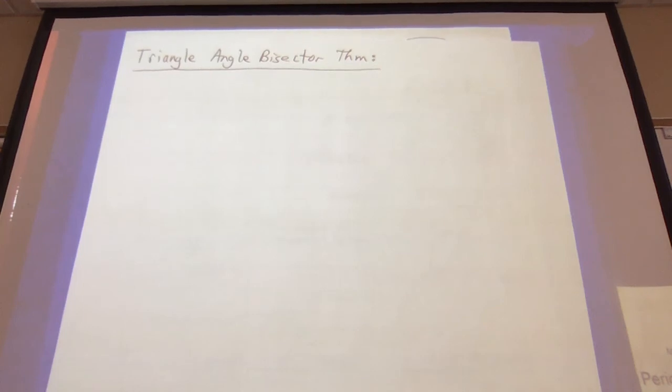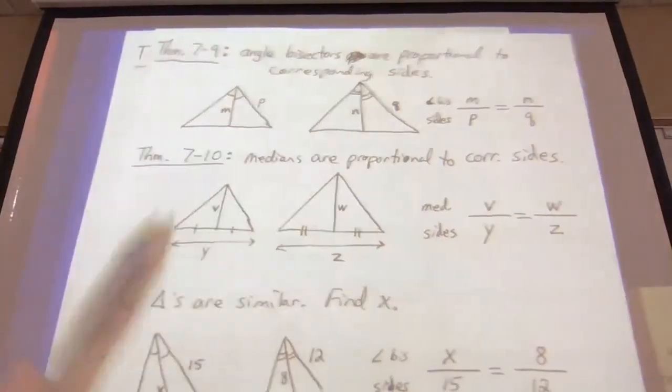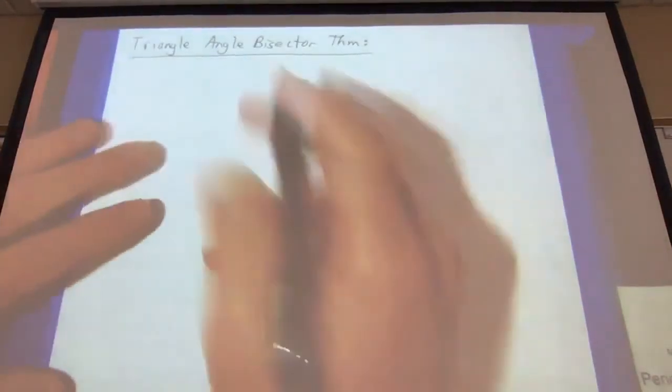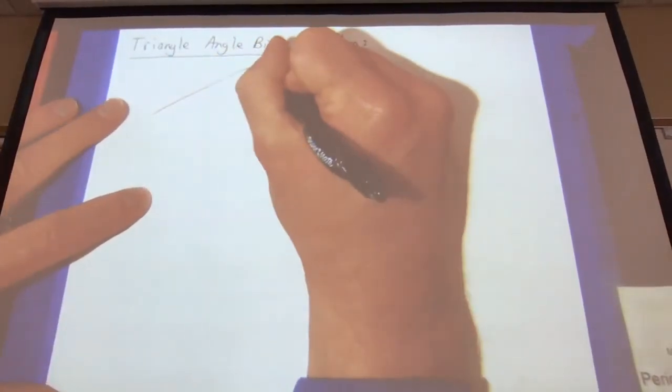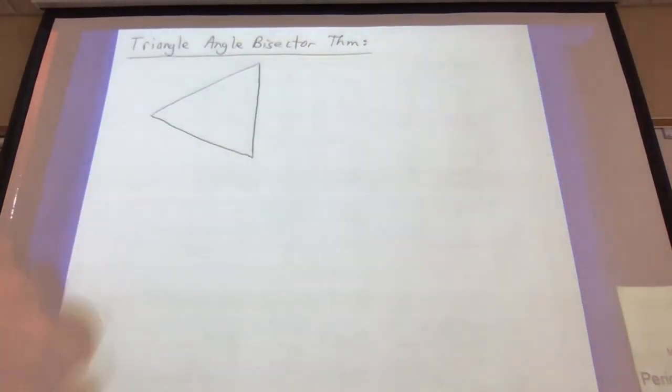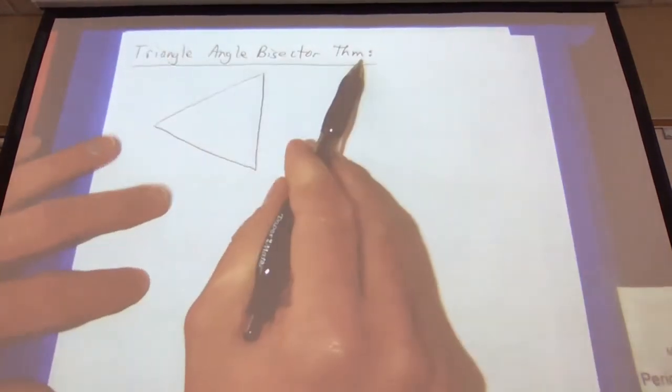Now, if you look at all of the previous theorems we've done, we've had 2 triangles that were similar to each other in all of those theorems. This theorem, you're just going to have one triangle. And it's called the triangle angle bisector theorem.